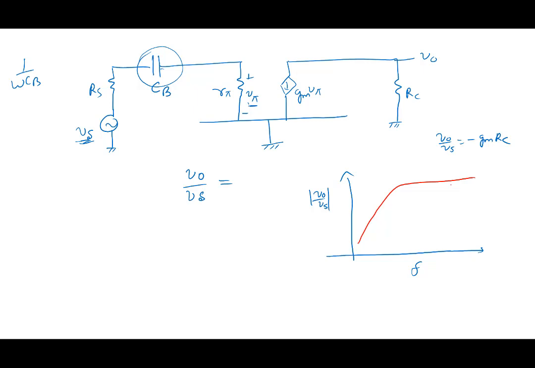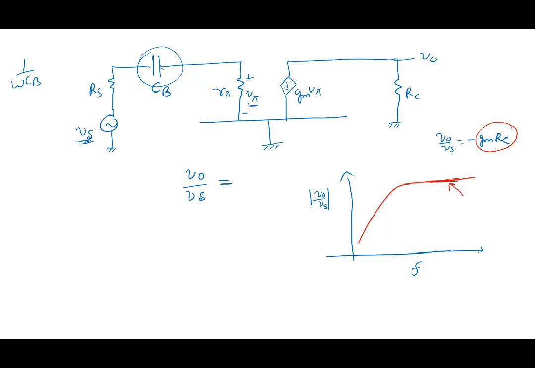What is this value? V0 by Vs would be what? Its behavior is going to increase with frequency and then eventually saturate. This value will be equal to, if we take the magnitude, GMRC, because the capacitor is acting as a short in this region.